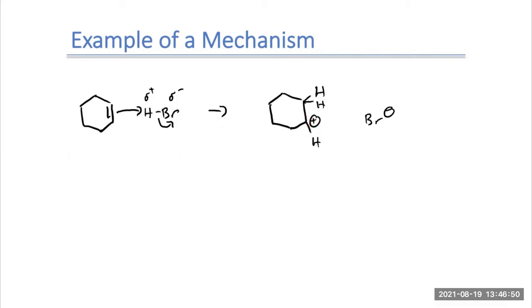We have a trivalent carbon here. So what'll happen, the carbocation is not a stable configuration. So the bromine with its extra electrons will come and attack that very electron deficient site. This then creates our product.